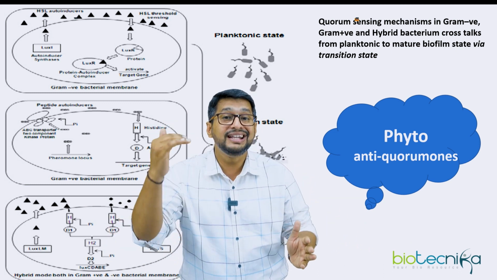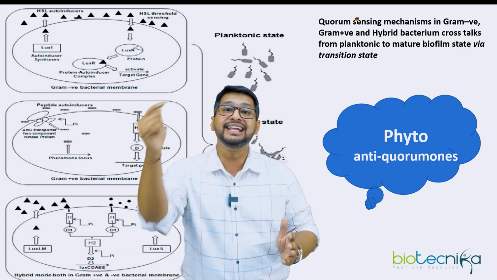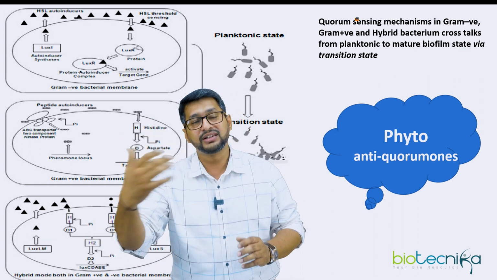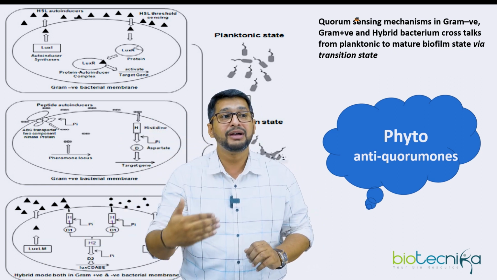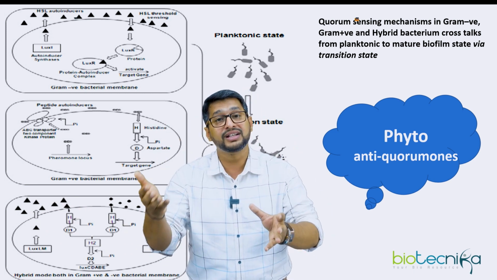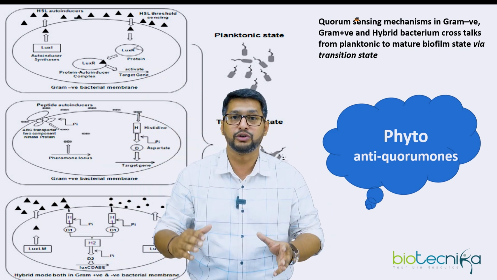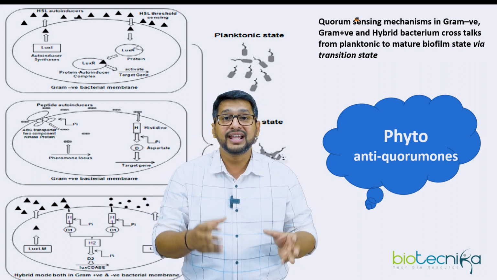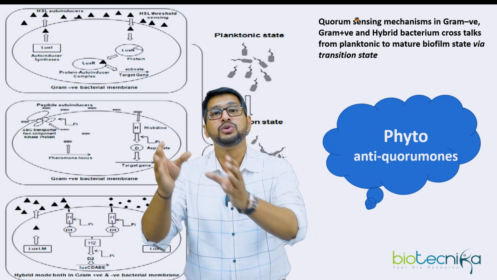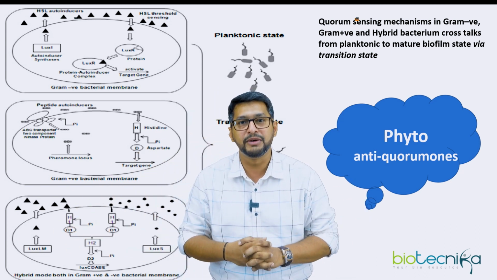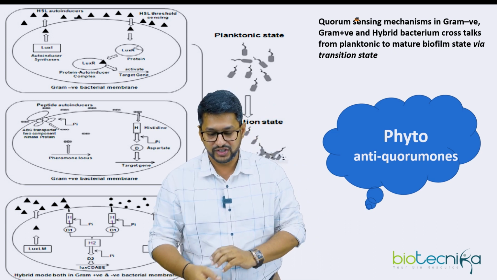So I am designing molecules which are anti-quorum molecules, and if these molecules are from a plant source, then I can call them phyto-anti-quorum molecules. Now, if you take these molecules and develop a nanomolecule out of it, which can show an anti-quorum molecule-like phenomenon, then I can call it nano-phyto-anti-quorum molecules. So all these are new terminologies which are emerging in bacteriology.